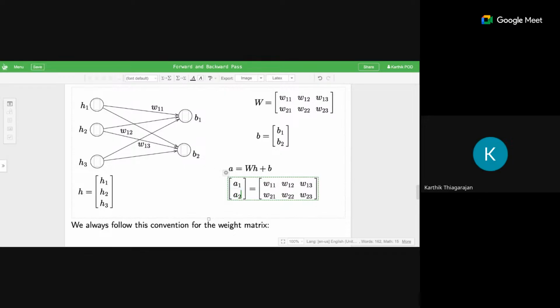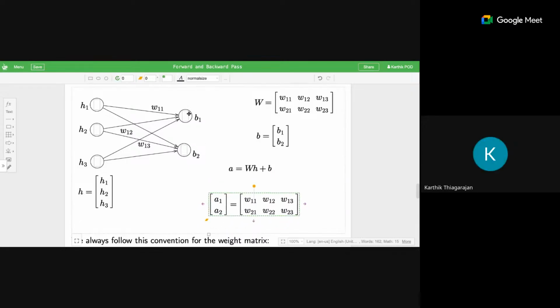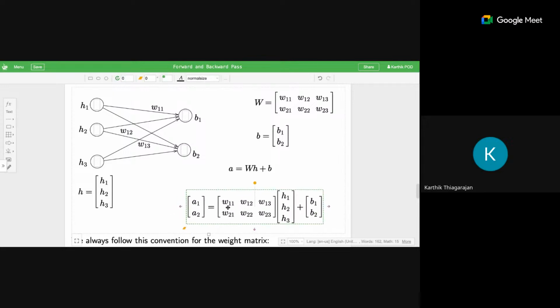A1, A2 or A1, A2, A3? Only A1 and A2, right? So remember, A corresponds to the computation happening here, the pre-activation. So A is this H1, H2, H3 plus B1, B2, right? So now this should be clear to you, right?